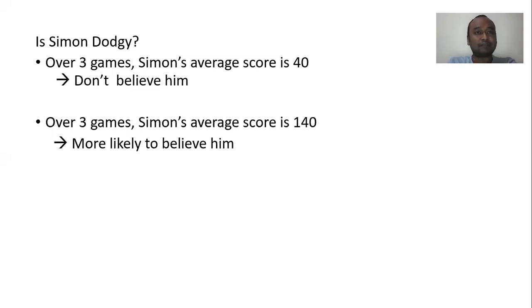You can consider maybe Simon is not in a really good mood. He is not really concentrating, or there are 1,000 reasons, but you most likely believe that an average score of 150 is no problem. It may be true.